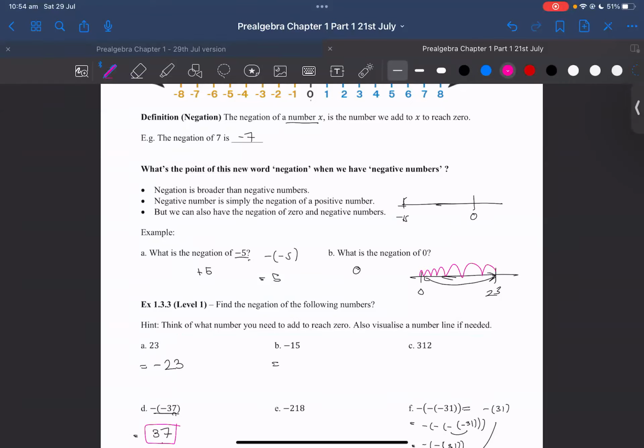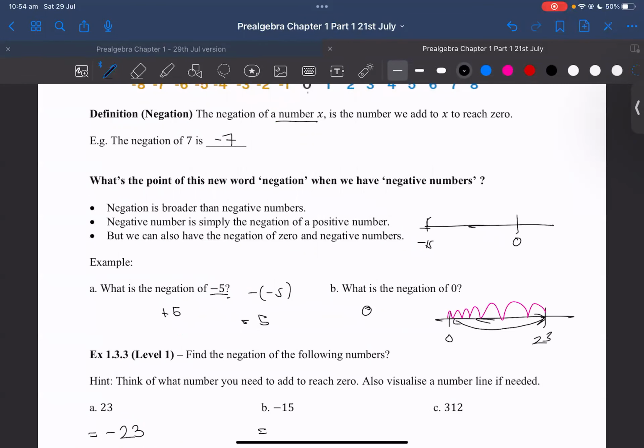Think of the number line. Do I need to go to the left or to the right, Brian? To the right. Go to the right.